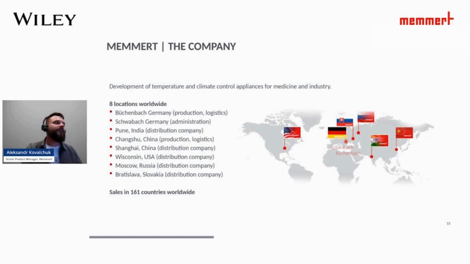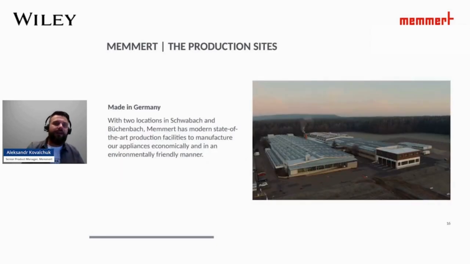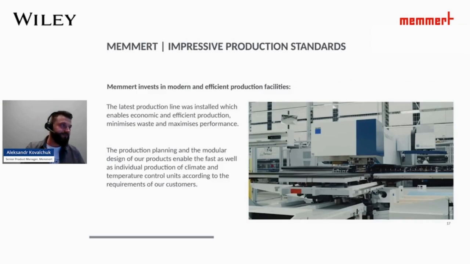All the products are made in Germany, with manufacturing taking place, as mentioned, at 2 production facilities located in Schwabach and Büchenbach, and these modern plants allow Memmert to produce appliances efficiently while maintaining high standards of quality and precision. Beyond efficiency, the company places great emphasis on environmental responsibility, ensuring that all manufacturing processes are conducted in an eco-friendly manner.